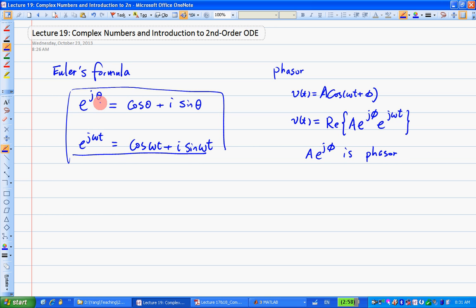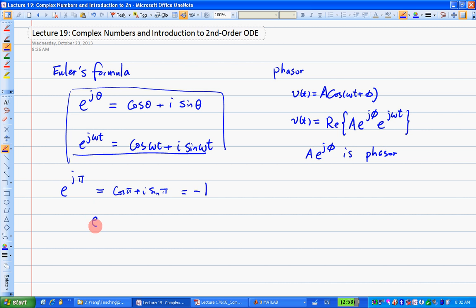Now you can try some of the special angles here. For example, what is e to the power of j pi? If you plug pi in, it's cosine pi plus j sine pi. And j sine pi is 0, and cosine pi is -1.